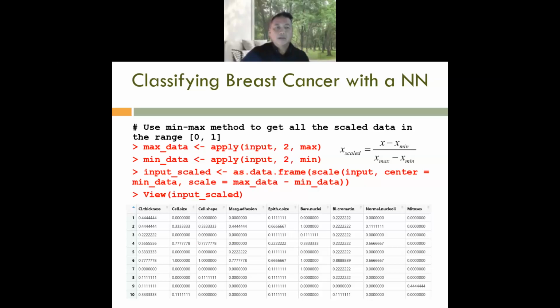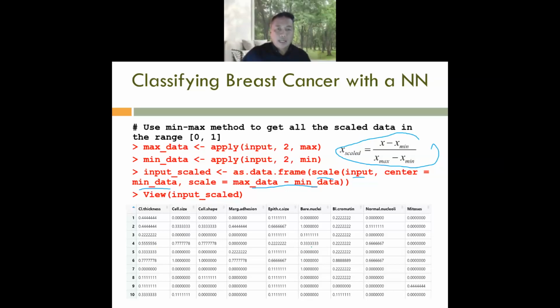Once we perform that, we have the right values here. Since they have different ranges of minimum and maximum, we will normalize them. We could use the standard deviation and mean, or we could use the min-max method. Here, the min-max method will be used to scale them. This is the scale function: we perform the normalization on the input, using the min data and the max data for the formula that we have here.